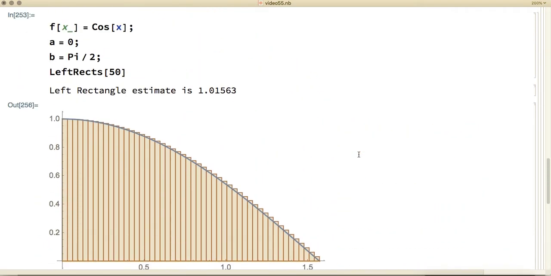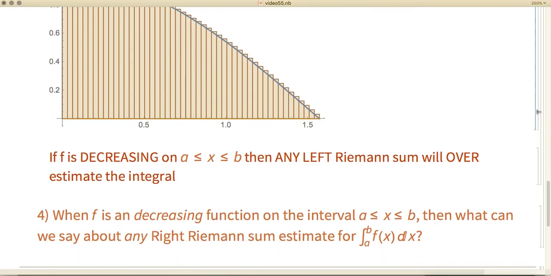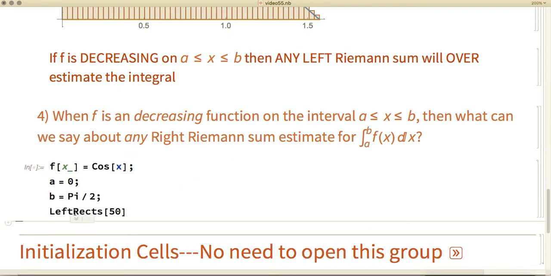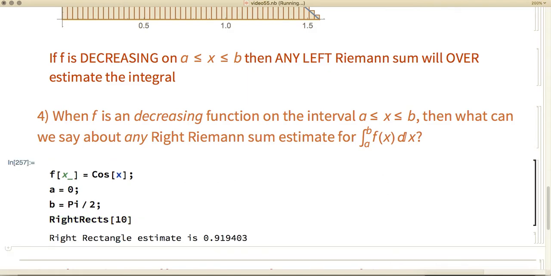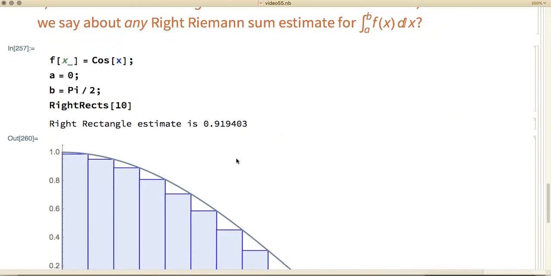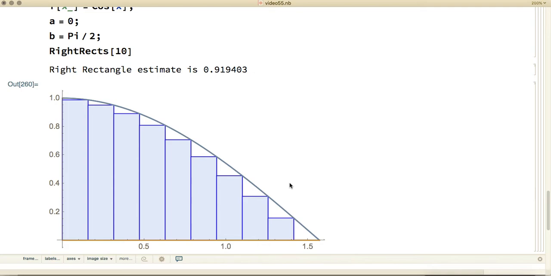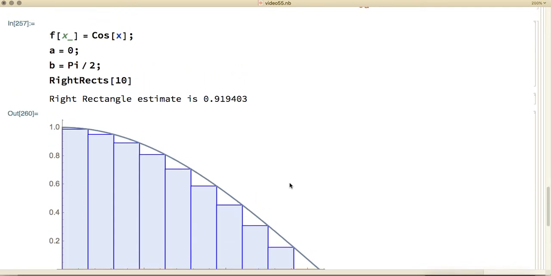Well, we finally need to look at decreasing functions, but right Riemann sums. So let's grab our decreasing function and look at a right Riemann sum. Let's chop the number of rectangles down a little bit. Here, the right rectangles are now underneath the curve because the curve is decreasing, and so the right rectangle estimate is going to be an underestimate. Again, there's nothing special about the decreasing function.